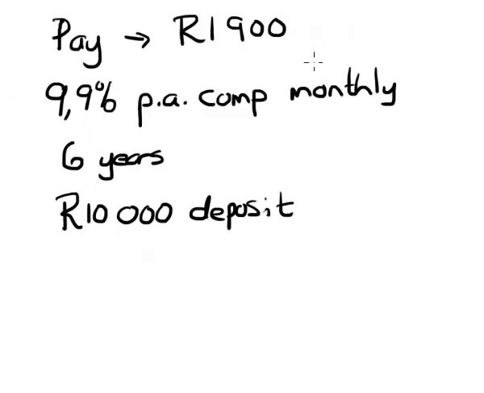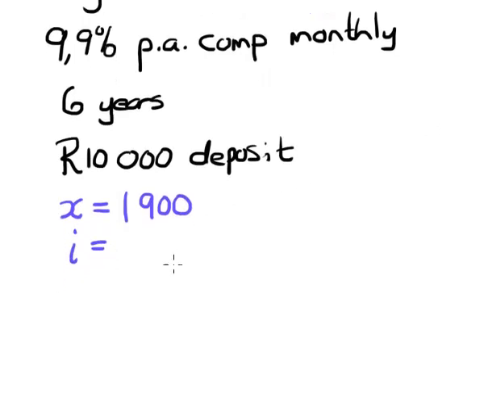Right, let's look at your solution. Okay, so the 1,900 Rand is the X amount. So we've got X equals 1,900 Rand. Our I value is going to be 0.099 divided by 12.